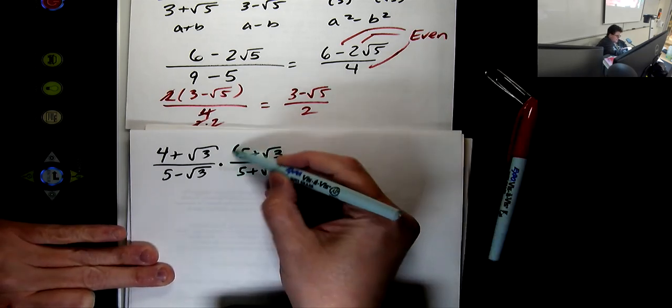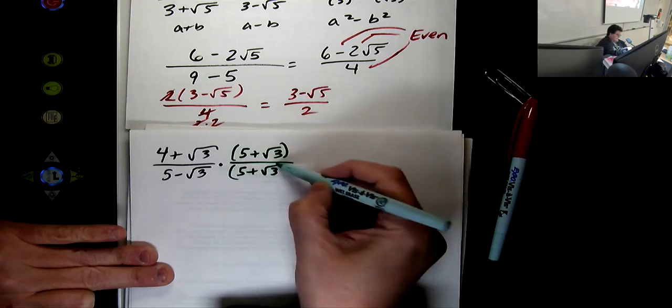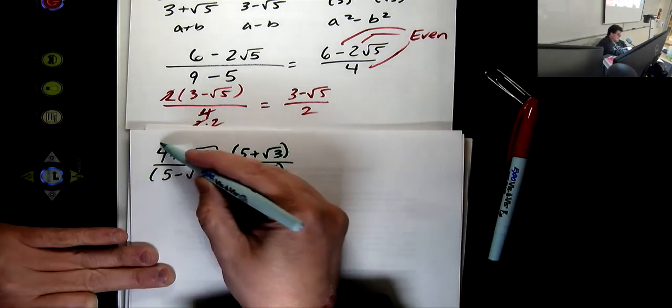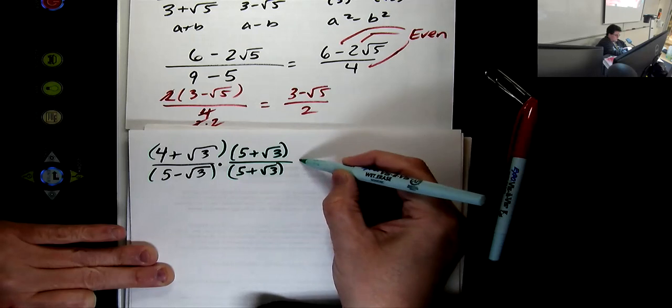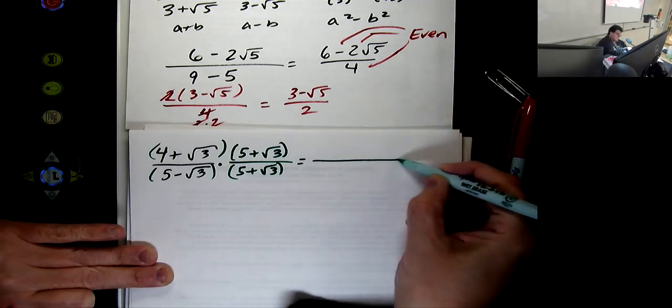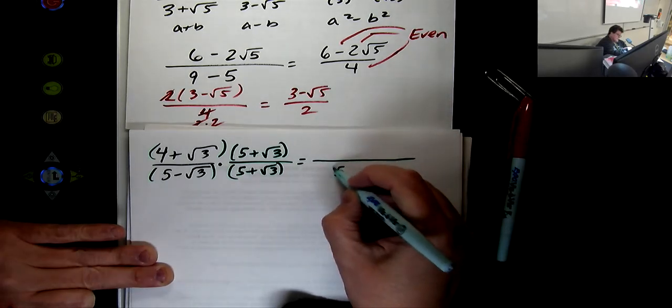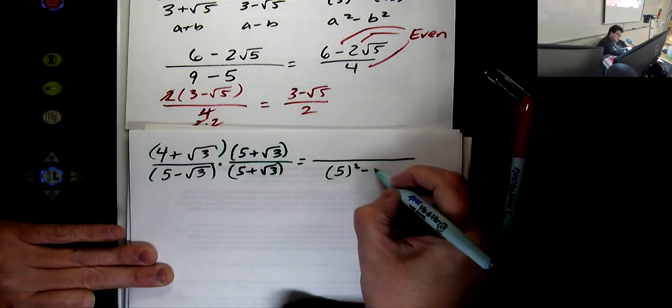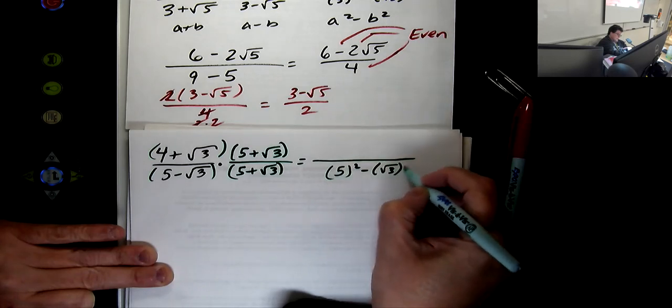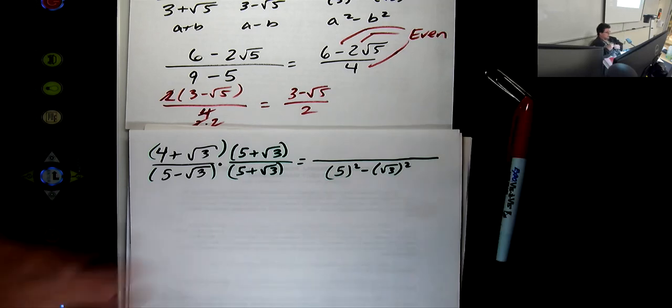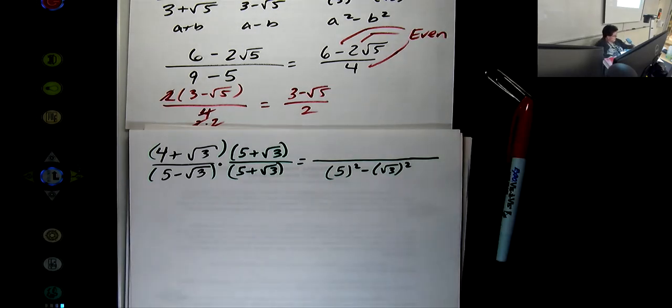And it might help you if you put these in parentheses, because the bottom is pretty easy to do, following that pattern. On the top, I'm gonna have some more going on. I gotta distribute all that out.